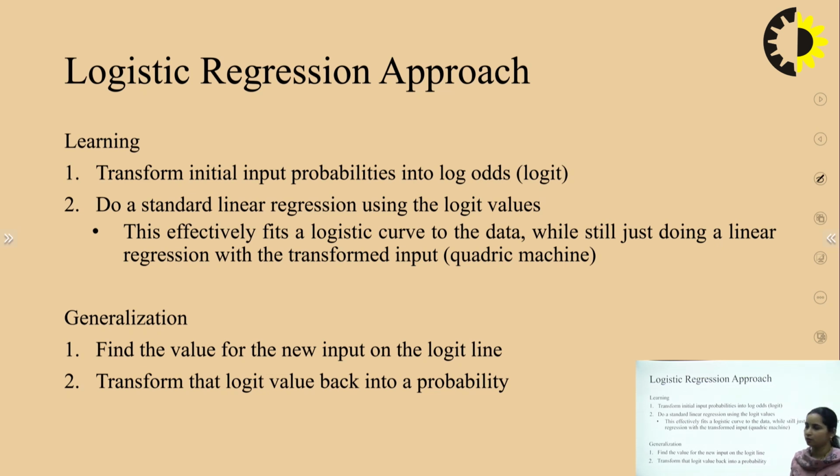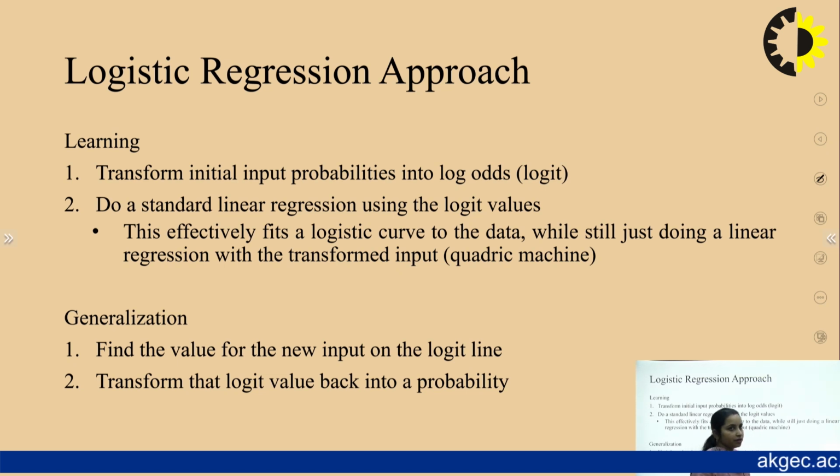While still just doing a linear regression with the transformed input, it can be a quadratic machine. The second approach, the generalization approach, finds the value of the new input on the logit line and transforms that logit value back to the probability. Such is the task done by logistic regression. These are the logistic regression approaches.